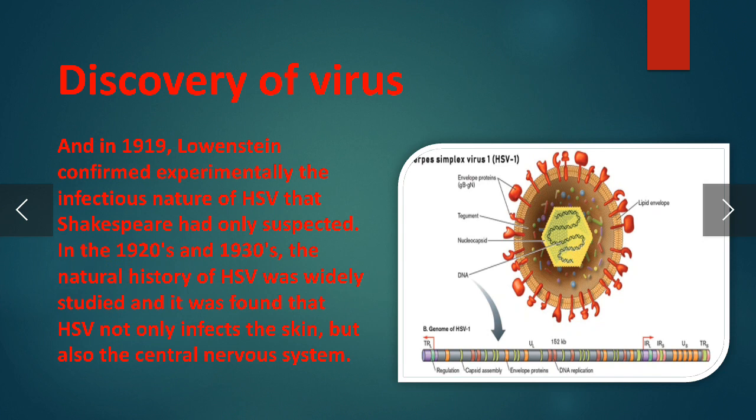In the 1920s and 1930s, the natural history of Herpes simplex virus was widely studied. It was found that HSV not only infects the skin but also the central nervous system. You can see here the diagram of Herpes simplex virus 1.